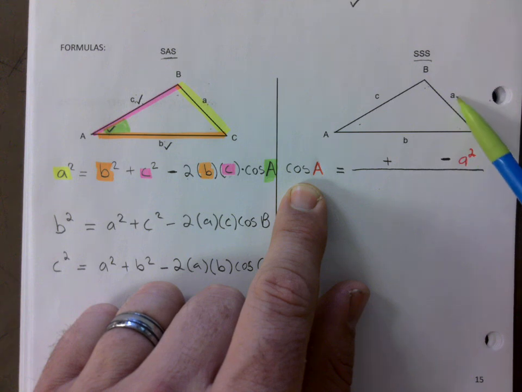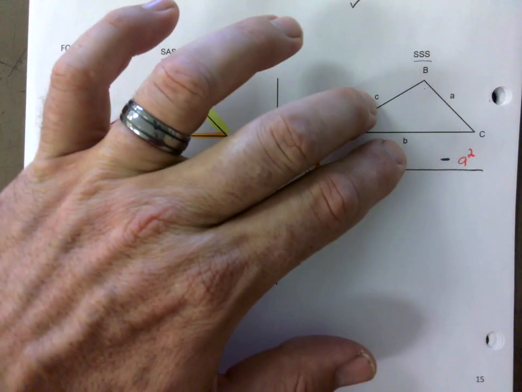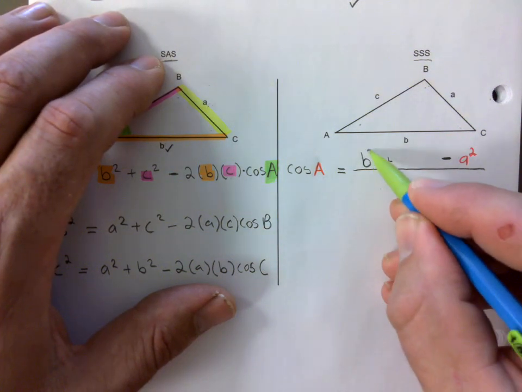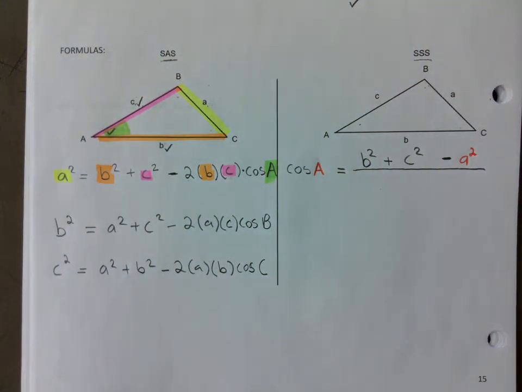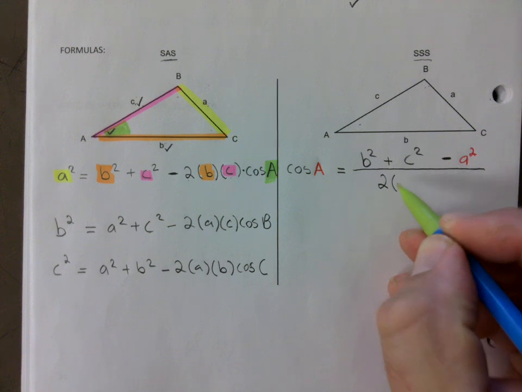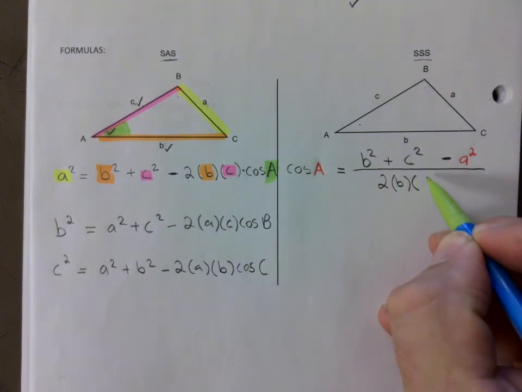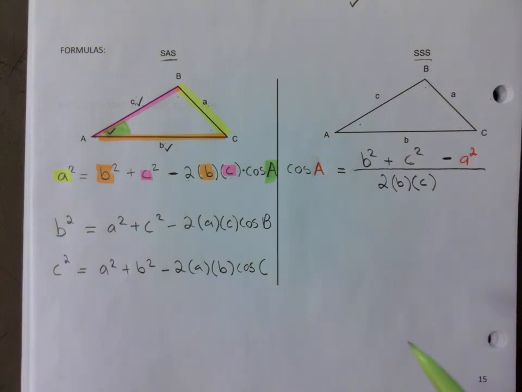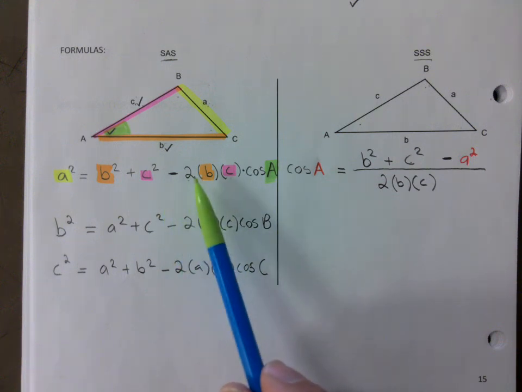So once you've used up A, which indicates you're trying to solve for angle A, then you grab the other two sides. So it's B squared and C squared that go on top. At the bottom you have 2 times B times C. And if you're wondering where in the world this came from, it actually came from this equation.